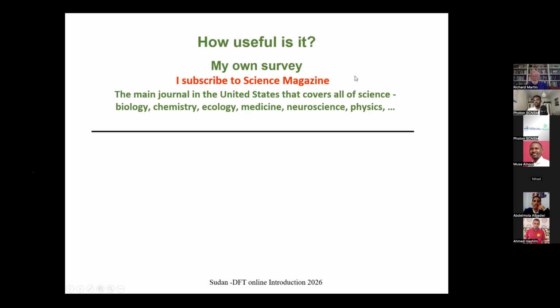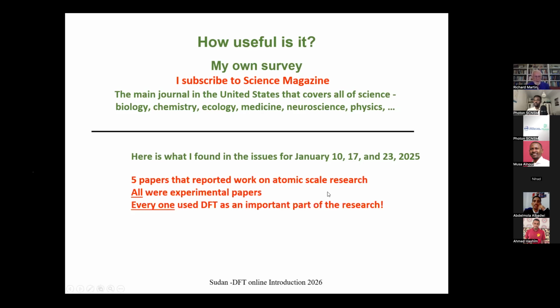I've done a little survey myself just to see how useful it is now, to see what the examples are. I looked at Science Magazine, which is the main journal in the United States that covers all fields of science. What I found in a few issues when I made a little study last year was that for 3 issues, I found 5 papers that reported work on the atomic scale. This is out of all the papers in those 3 issues of Science.